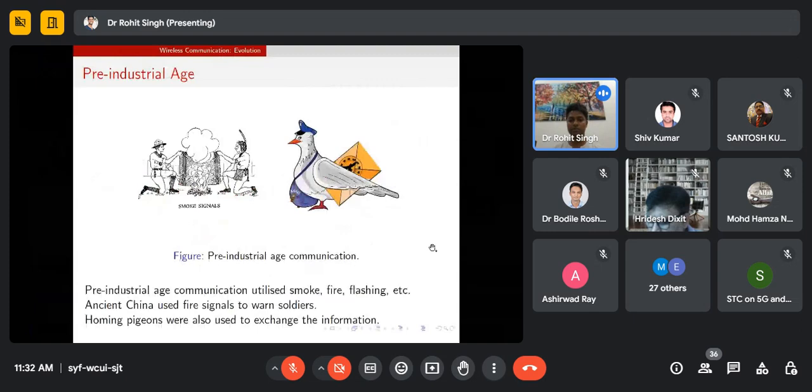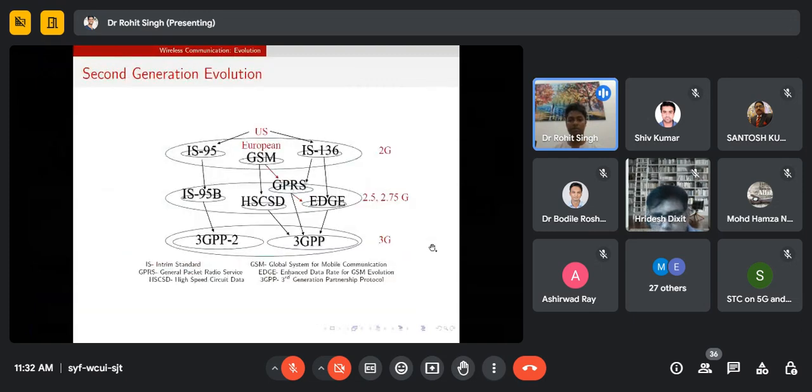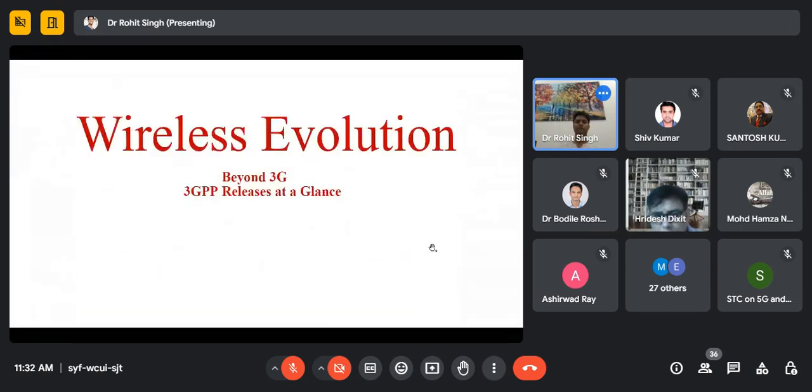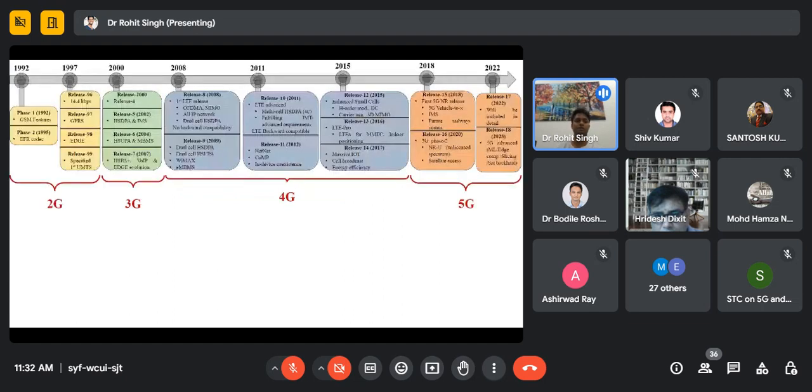Now coming back to the standardization purpose. So, wireless evolution with the help of releases. As we said earlier, releases are documents which are published periodically, from time to time, under the umbrella of 3GPP. So this is how we can summarize all the releases.